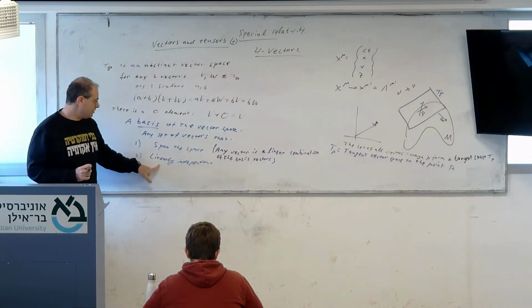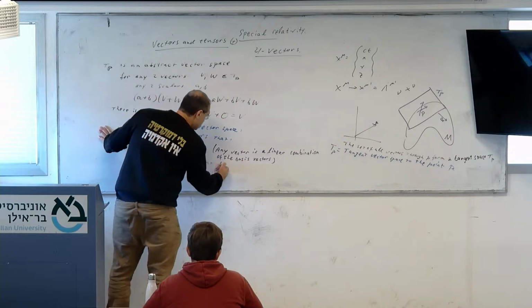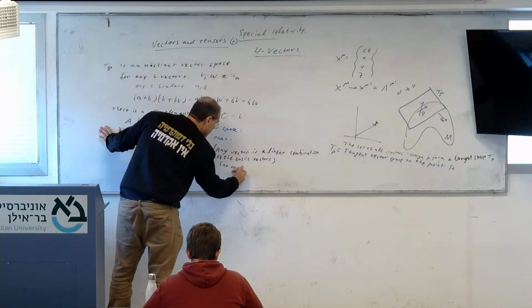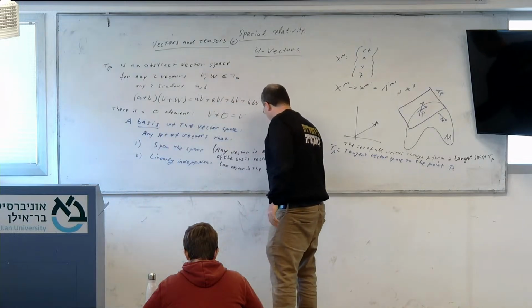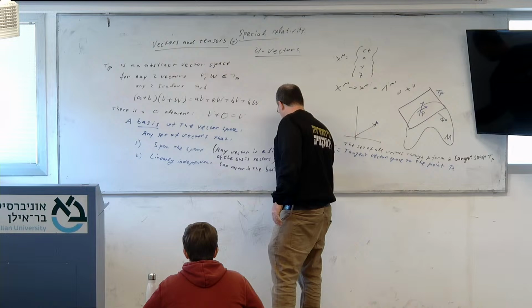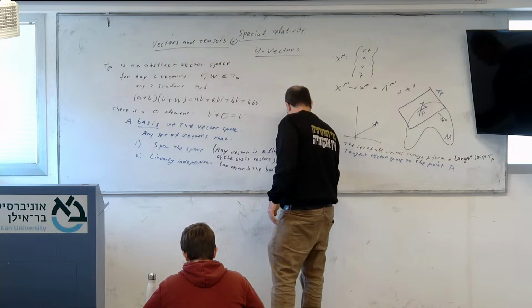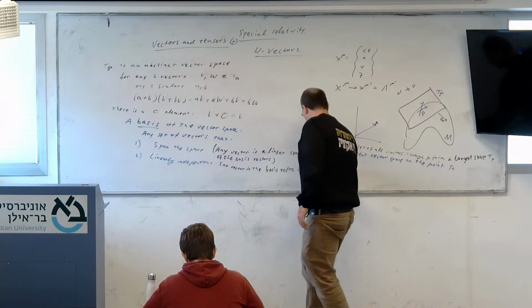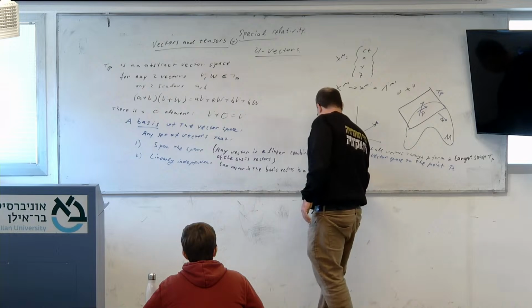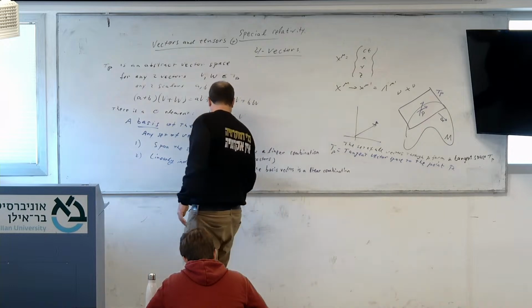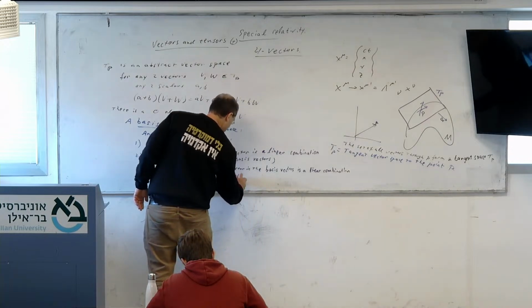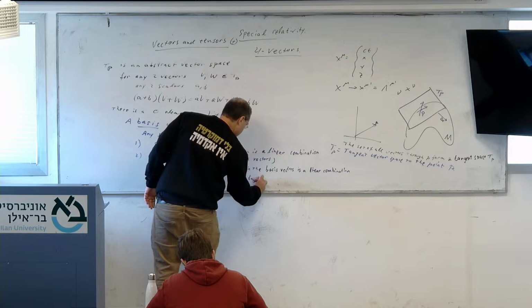And linearly independent means that no vector among the basis vectors is a linear combination of the other basis vectors.